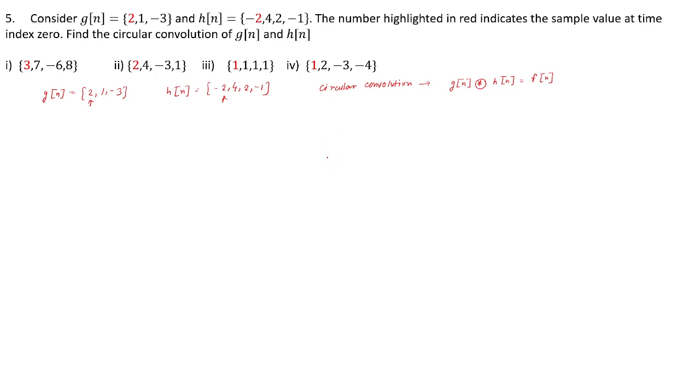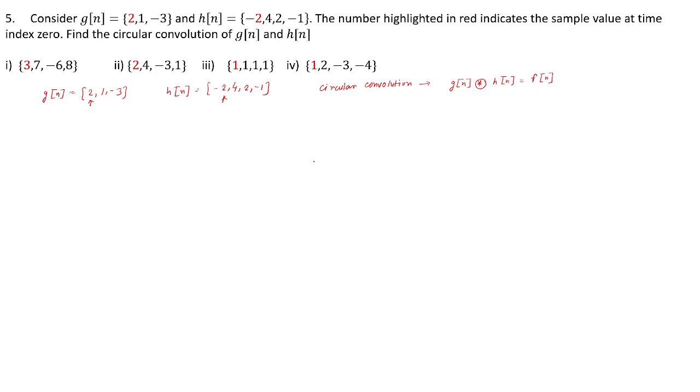By the way, just remember the circular convolution property: the two sequences have to be of the same length, so whenever one sequence is shorter than the other, you have to compensate for the lesser number of elements by padding a suitable number of zeros, so that the two sequences become of the same length.